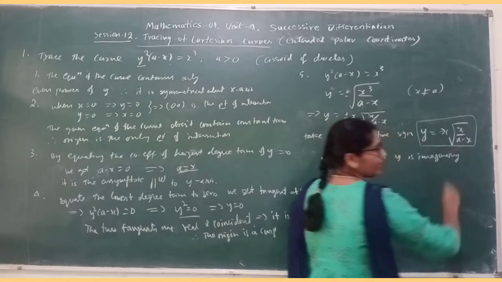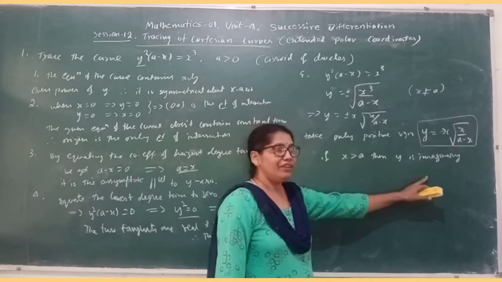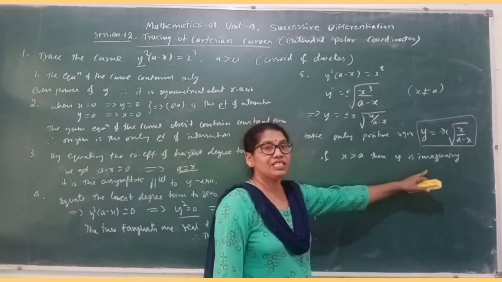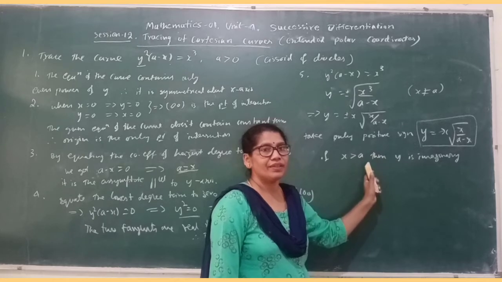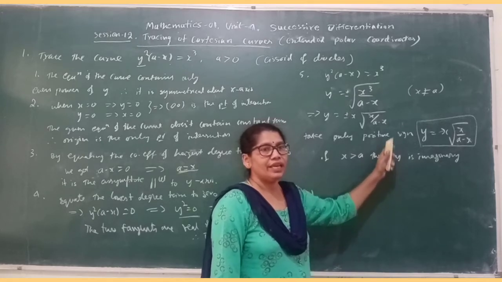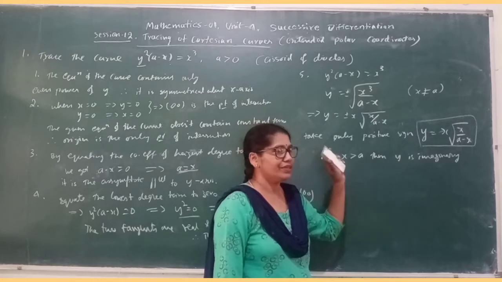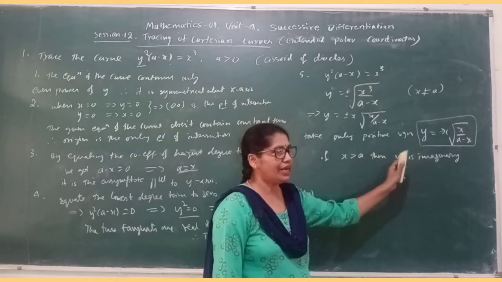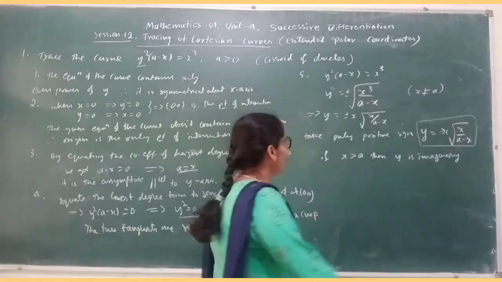Since y is imaginary, we know that the curve does not lie to the left of the y-axis, and to the right of the line x is equal to a. To the right of that line and left of that line it won't exist.